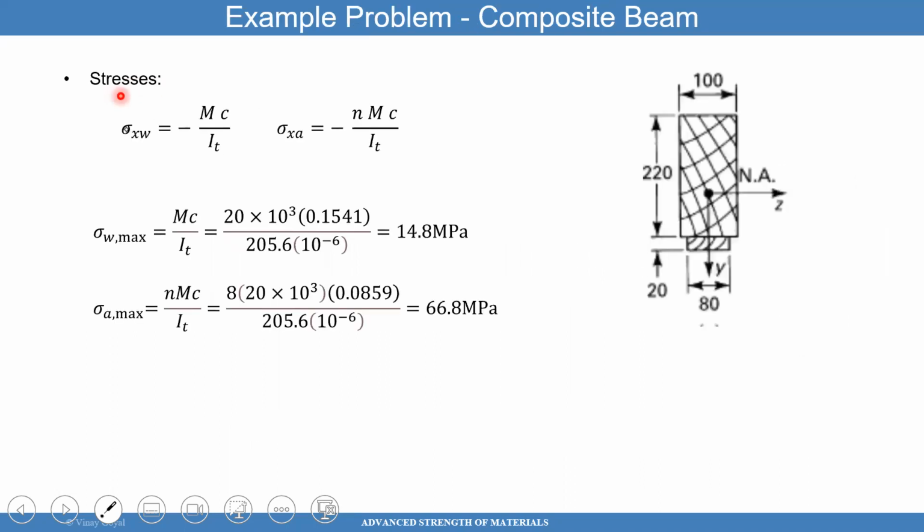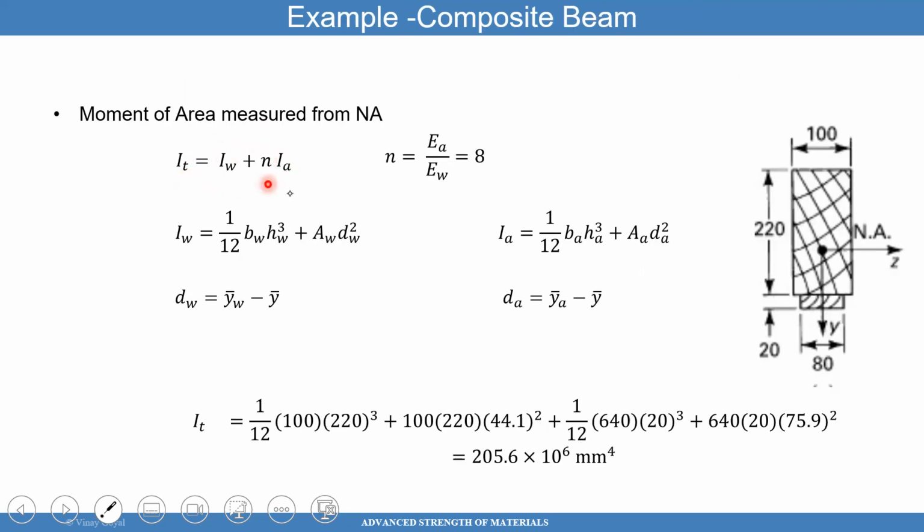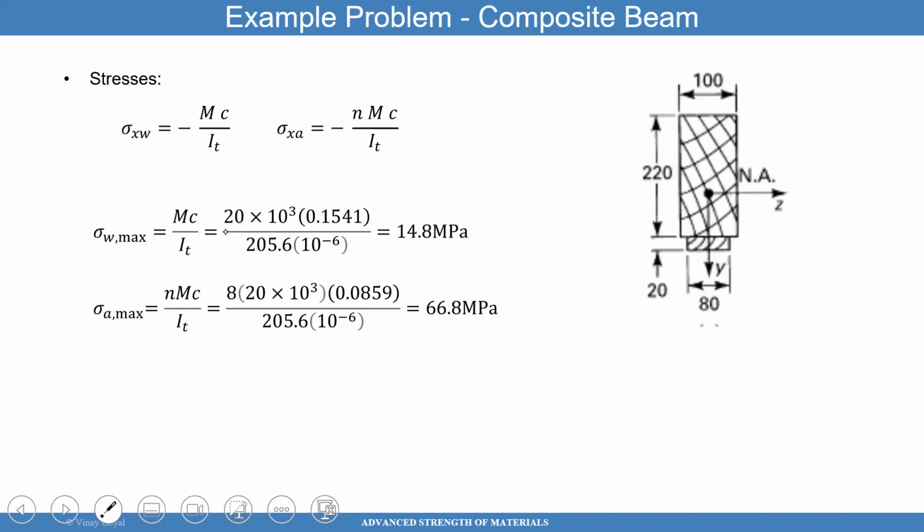I can now calculate the stresses, MC over this effective moment of inertia. I did it here. And for the aluminum piece, I have to put an n there, and I can use the same formula. For the maximum stress in the wood, you can see that's a neutral axis. So we want to use this distance, because that's furthest away from the neutral axis.